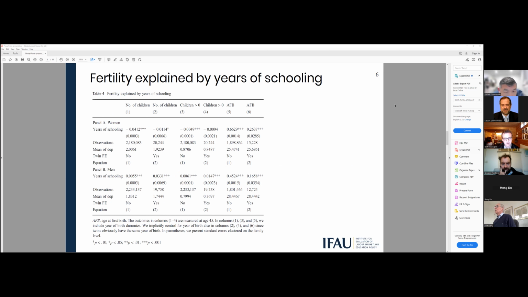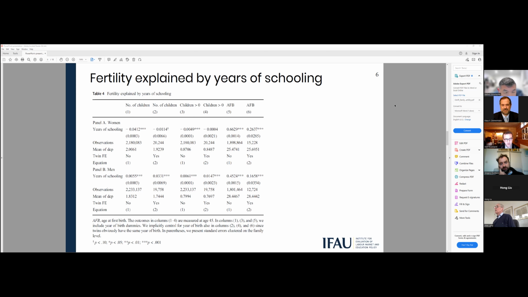It's still a little bit negative, but much weaker. If we look at the probability of having children at all in columns 3 and 4, it's the same thing. We start out with a clear negative association. It gets pushed in a positive direction and virtually disappears.